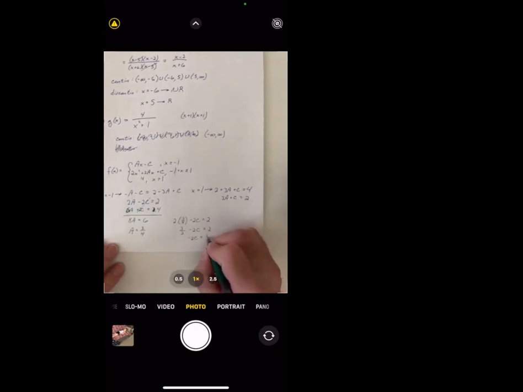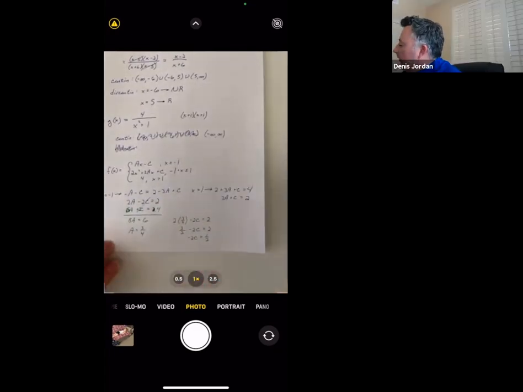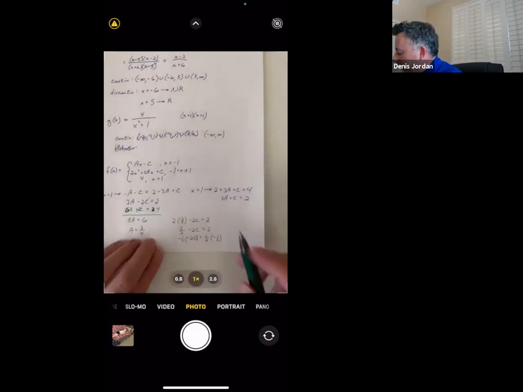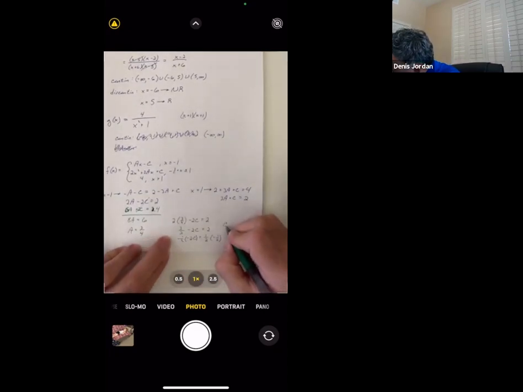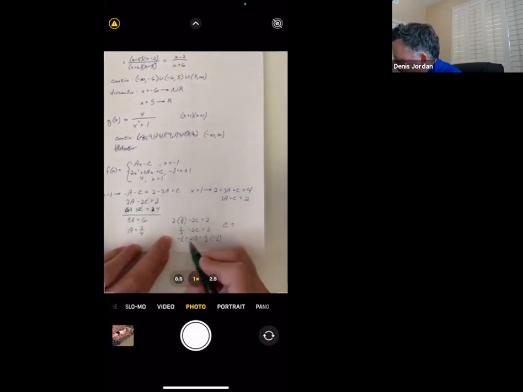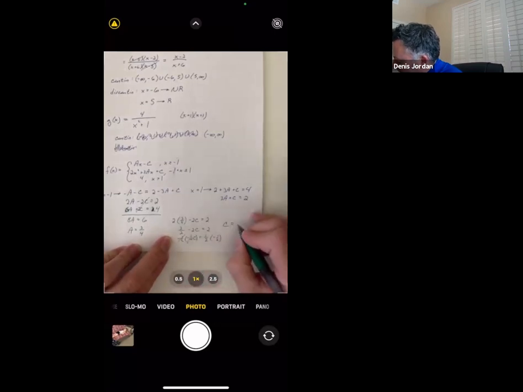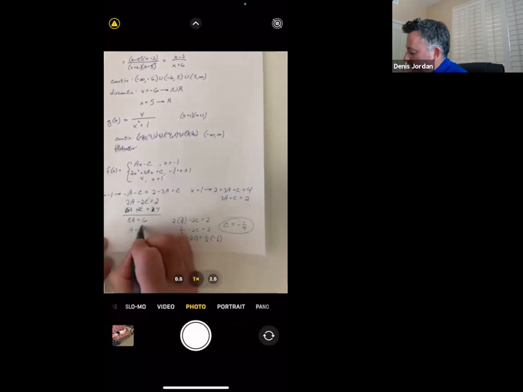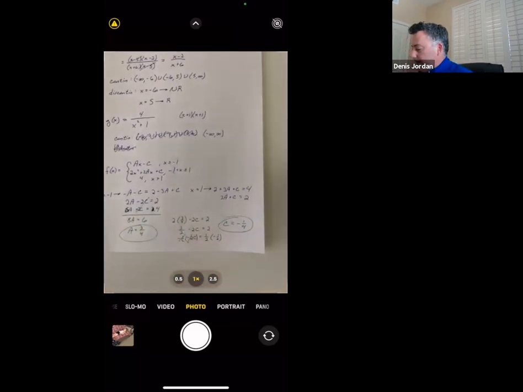And now to get C by itself, we're going to multiply both sides by -1/2. That way you don't have to divide a fraction by something. So the -1/2 cancels out the -2. So C is equal to -1/4. Easy peasy.